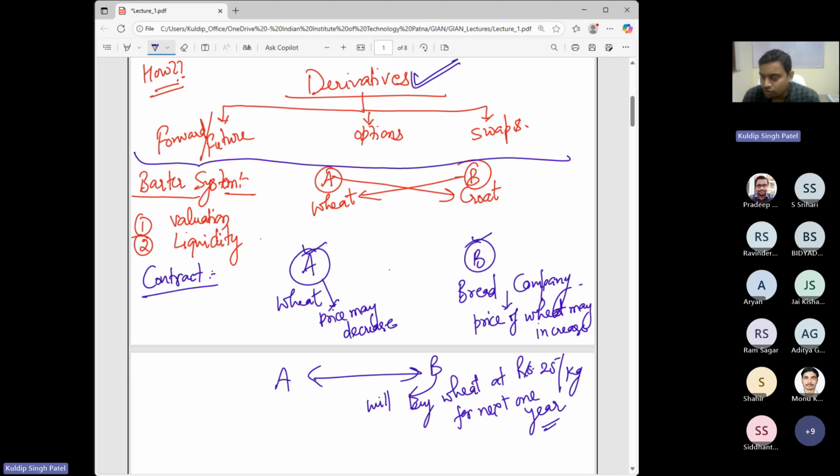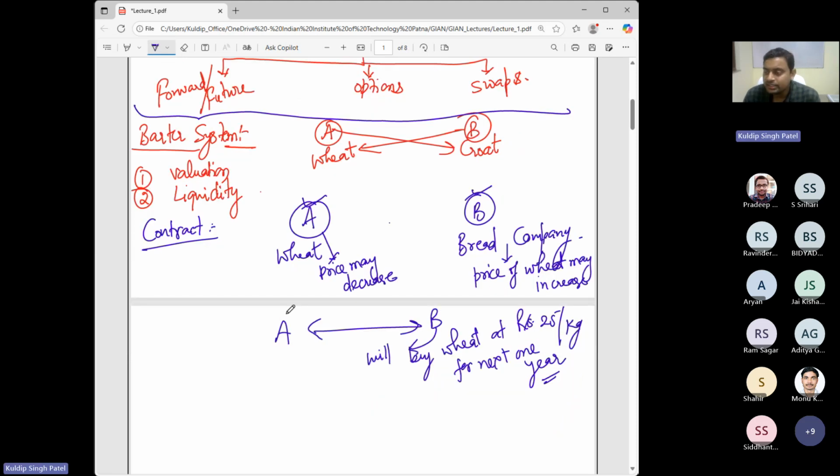Now, how does this solve the problem of both the persons? The bread company is assured that, oh, I'm going to get wheat at rupees 25 per kg. So I don't need to worry about the market price, whatever it is. I will fix my bread price accordingly and I'm tension free for 1 year.